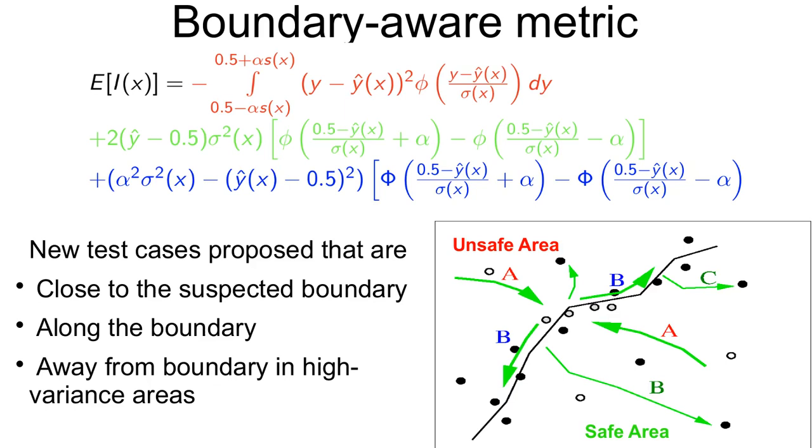Also, we have to have some test cases away from the boundary, because there might be yet another boundary. So we are also looking in high variance areas away from the boundary. These three terms of this rather complicated boundary-aware metric correspond to these three criteria.